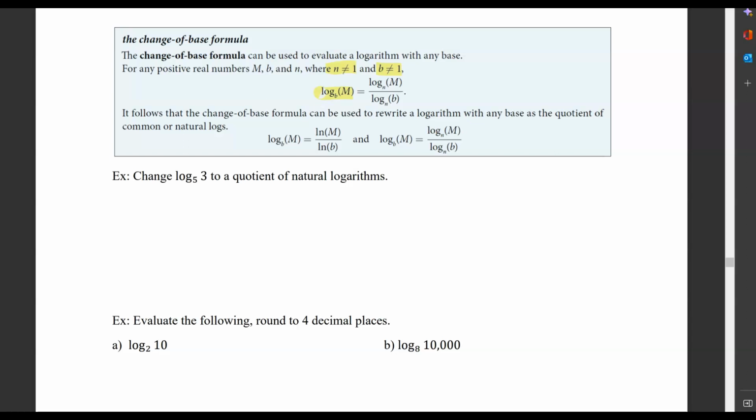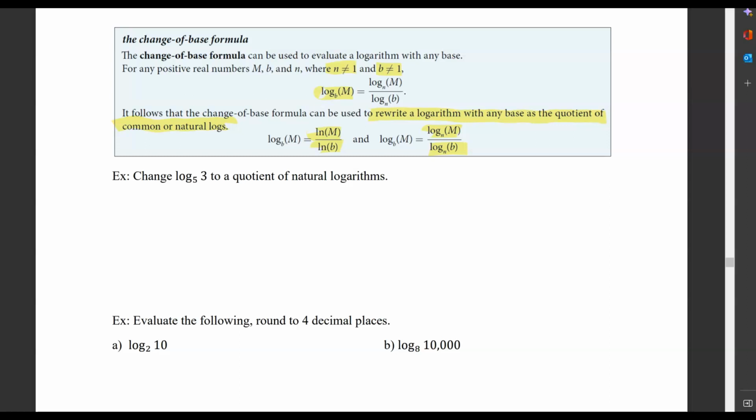So it follows that the change of base formula can be used to rewrite logarithms in any base as a quotient of the common or natural logs. So I can take log base b of m and rewrite it as natural logs or common logs to be able to easily input them into my calculator.